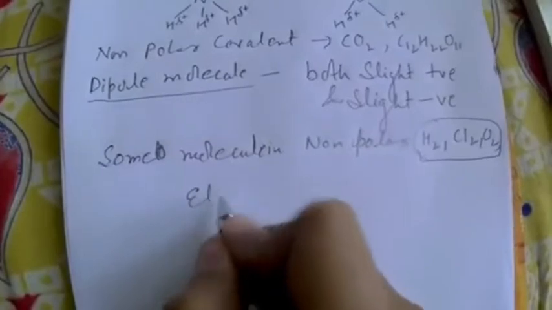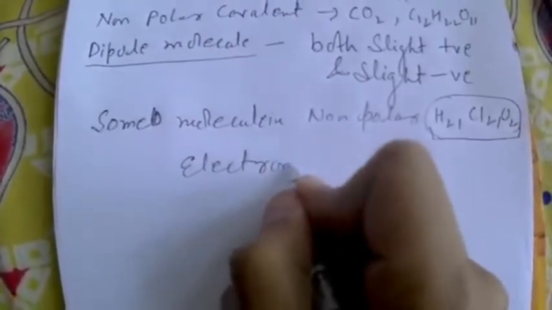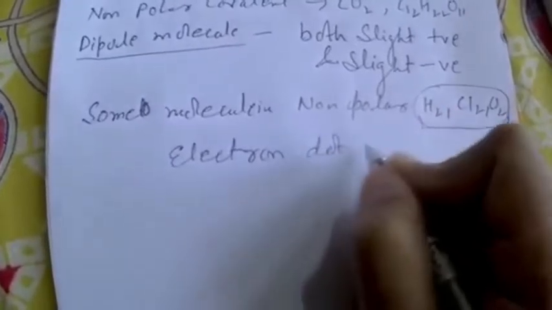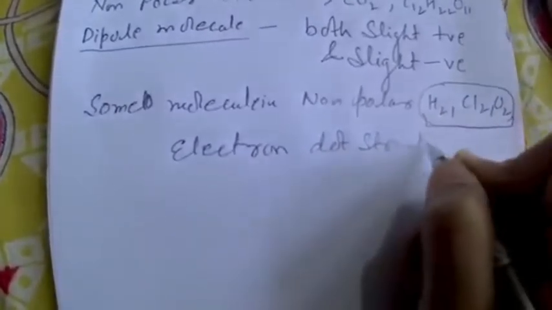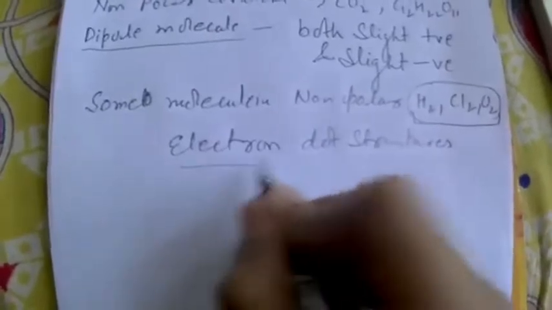So now our main topic is related to electron dot structures of covalent compounds. Our main topic is electron dot structures.